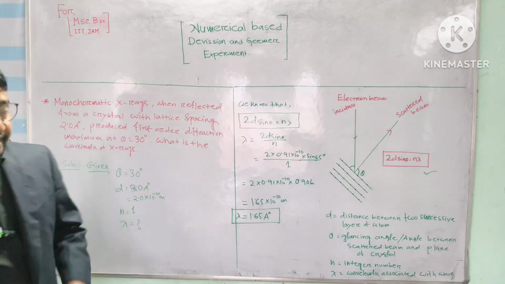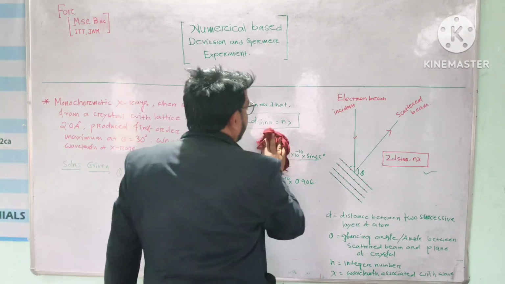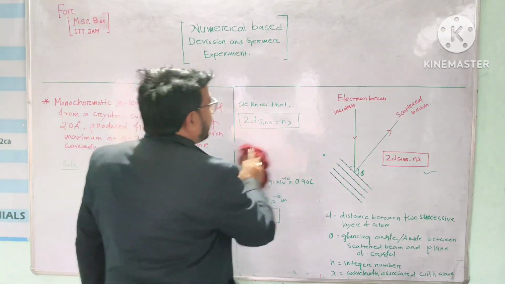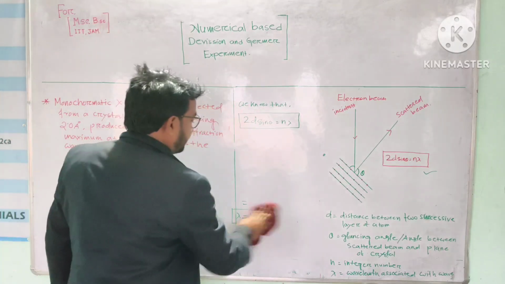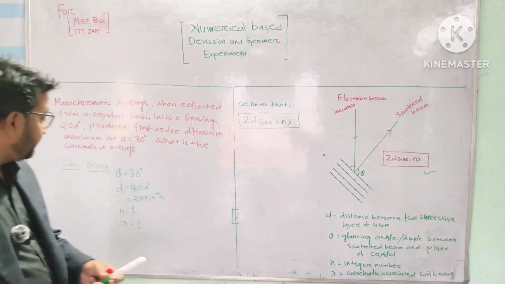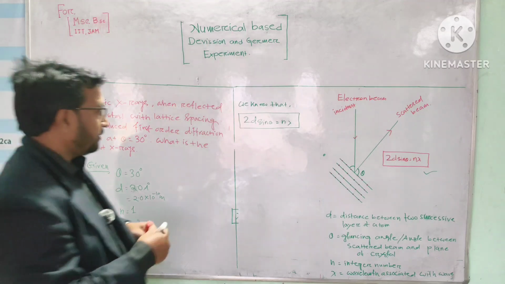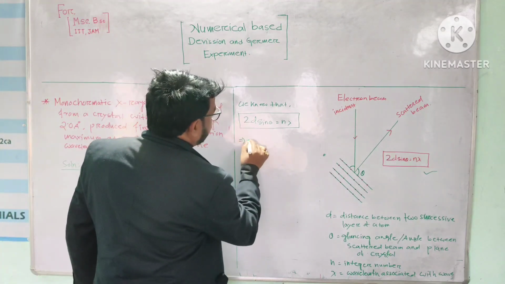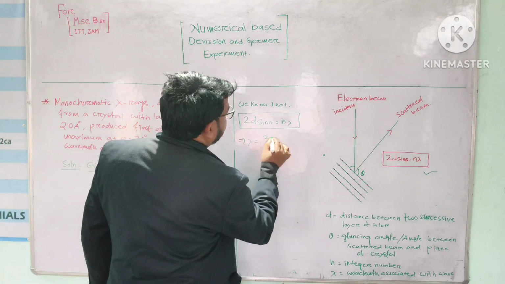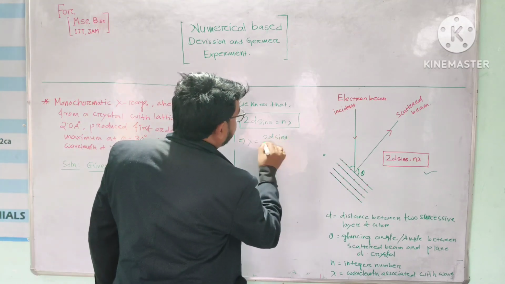So again we can apply Bragg's law. We know that 2d sin theta equals n lambda, so lambda equals 2d sin theta divided by n.